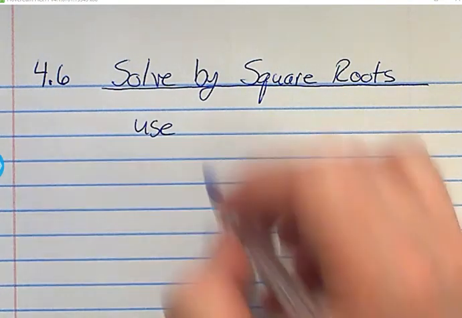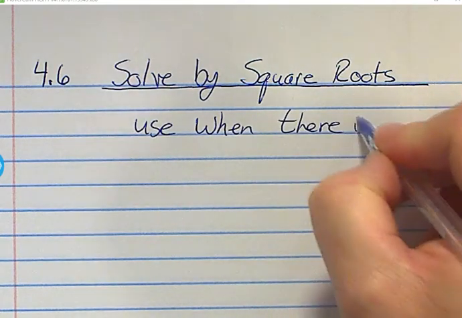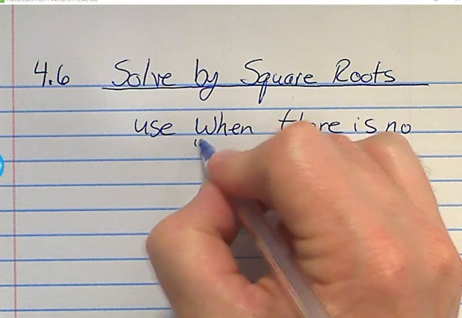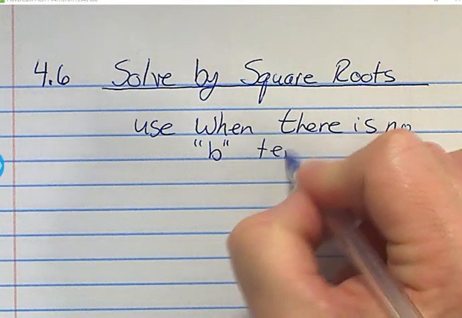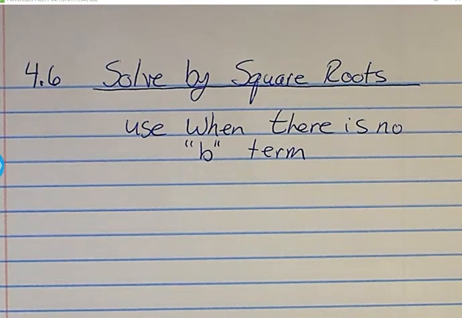You're going to use this when there is no b term. So this is going to be kind of like when we did the difference of two perfect squares, but in this case you may not have exactly perfect square numbers.